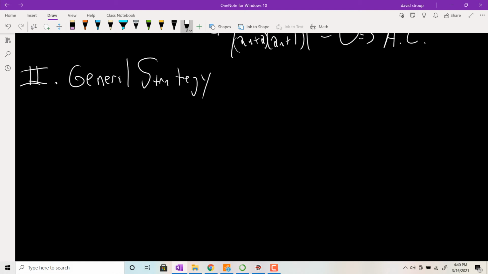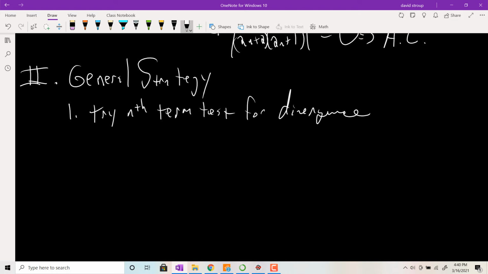But this is the way it works. You always start with the nth term test, because if the limit of the terms of the series does not equal 0, then it's divergent and you're done.